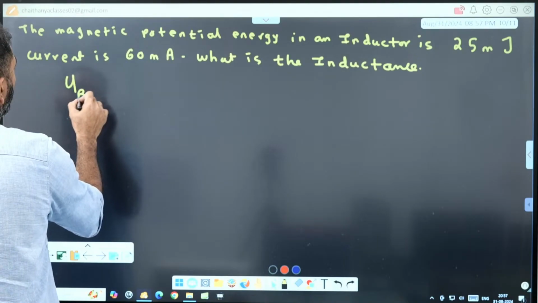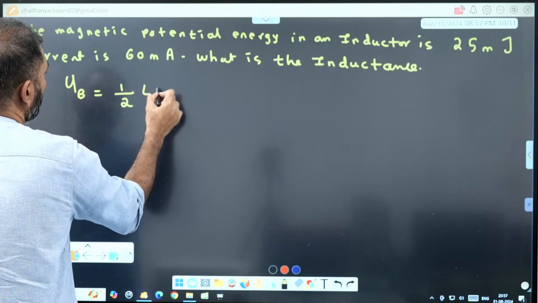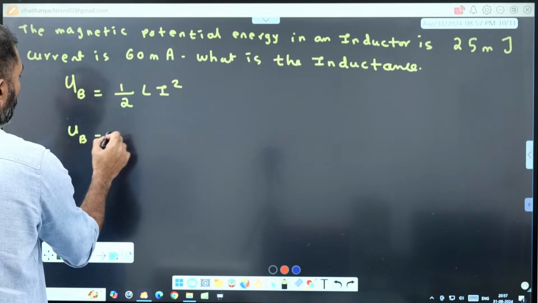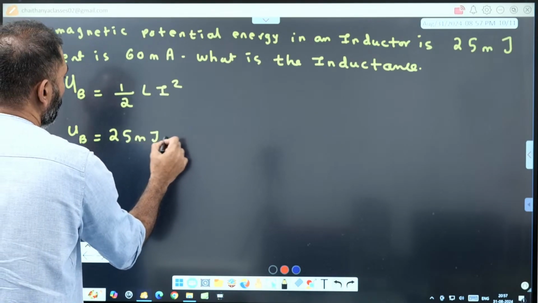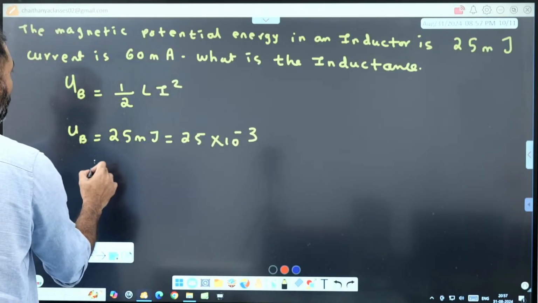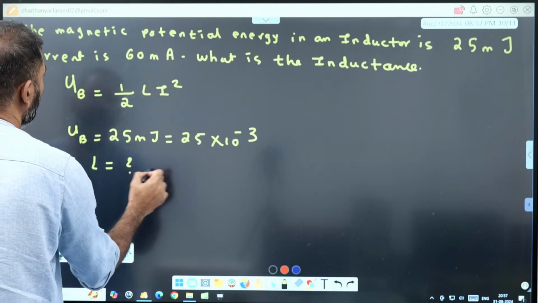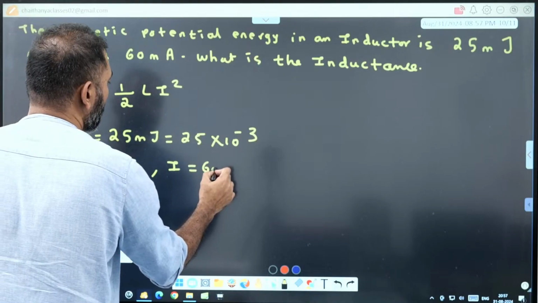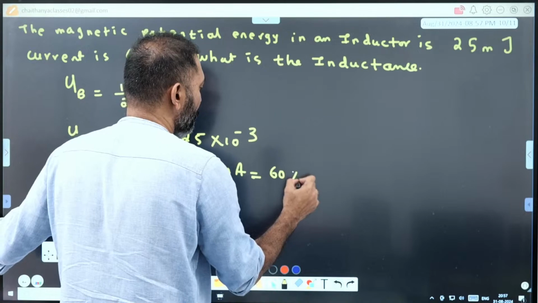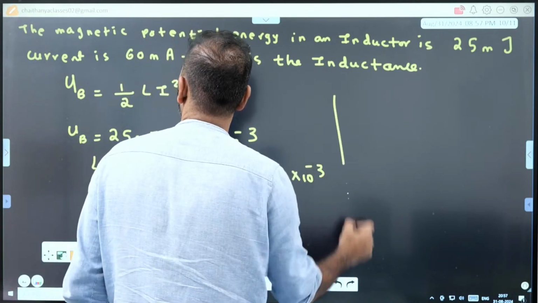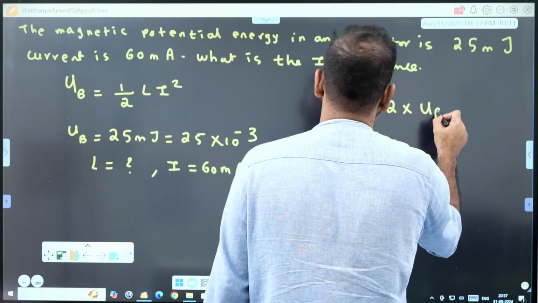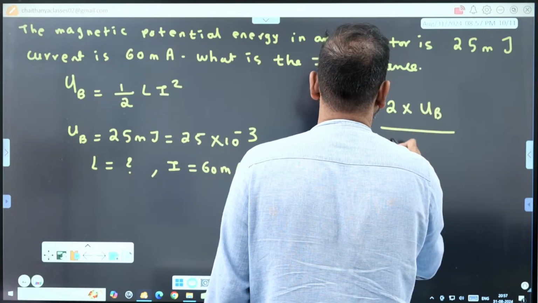Magnetic potential energy is equal to half L I square. That magnetic potential energy is 25 millijoule, that is 25 into 10 raised to minus 3. What is self-inductance? What is current? 60 milliampere, that is 60 into 10 raised to minus 3. So L is equal to 2 into magnetic potential energy divided by I square.